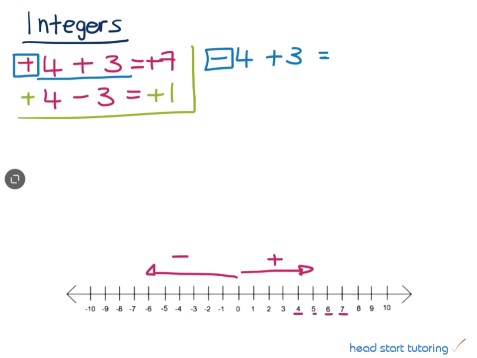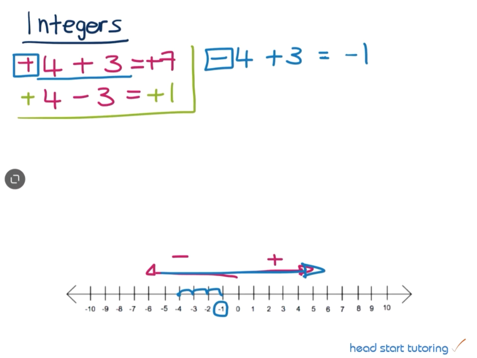So if we start at our negative 4 and we plus 3, so when we are plussing, we are going to go to the right, and we are plussing 3, so we move 1, 2, 3 spaces to the right, and we end up with an answer of negative 1.